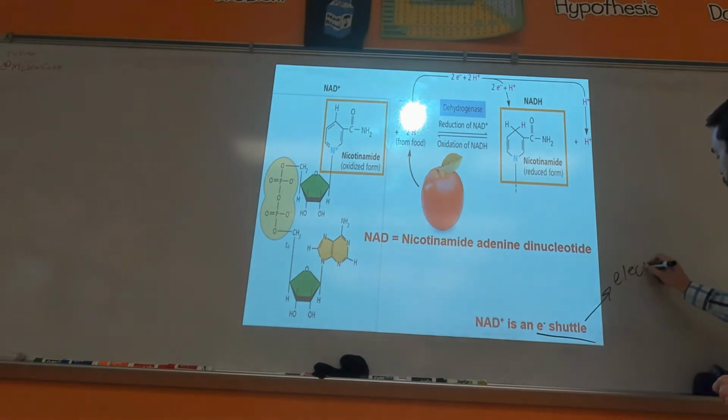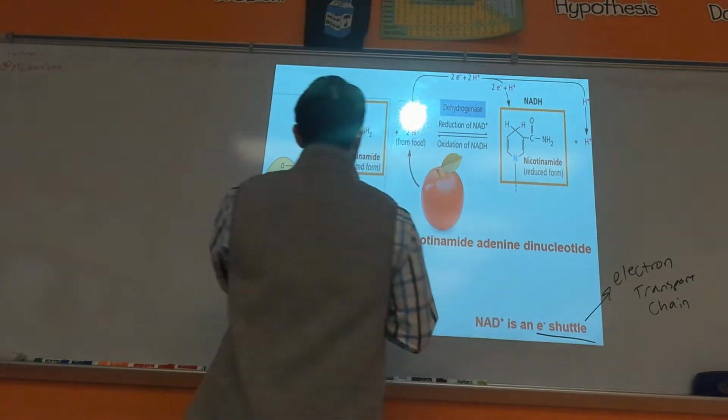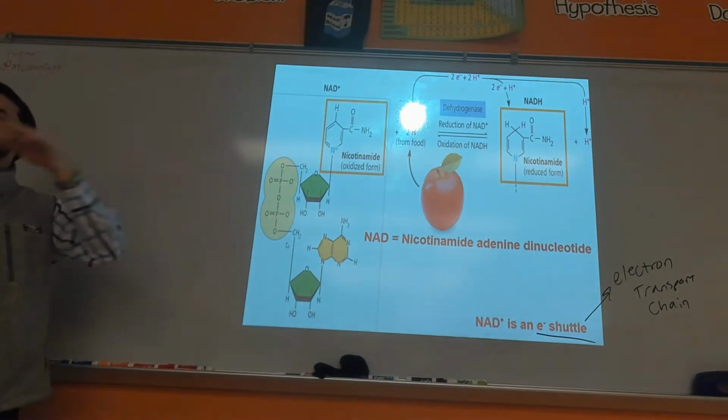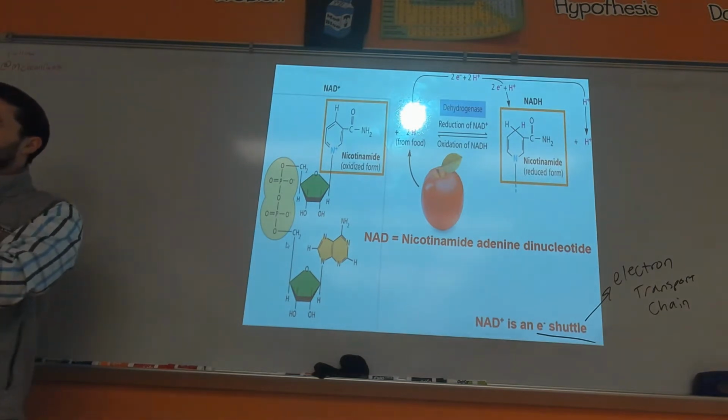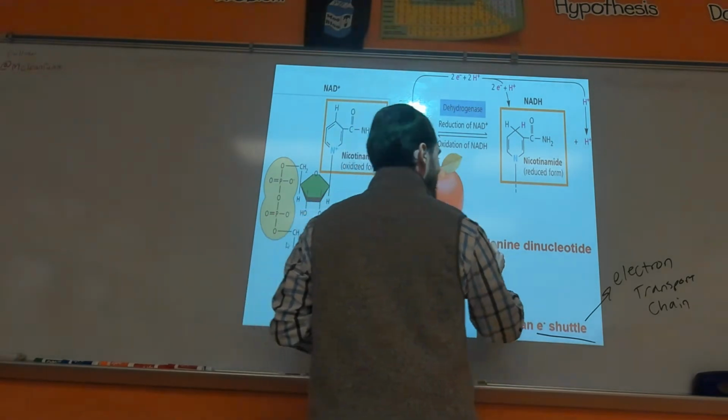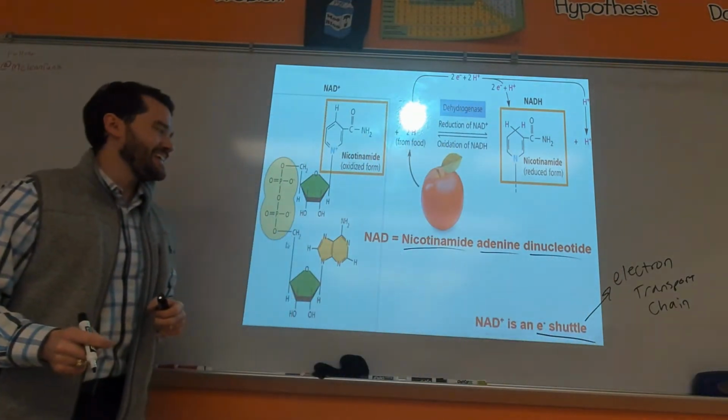That's what we're going to talk about on Thursday. So the question is, maybe you understand how you could remove the electrons from glucose, but how do you get the electrons from glucose to the electron transport chain? That's where nicotinamide adenine dinucleotide comes in.